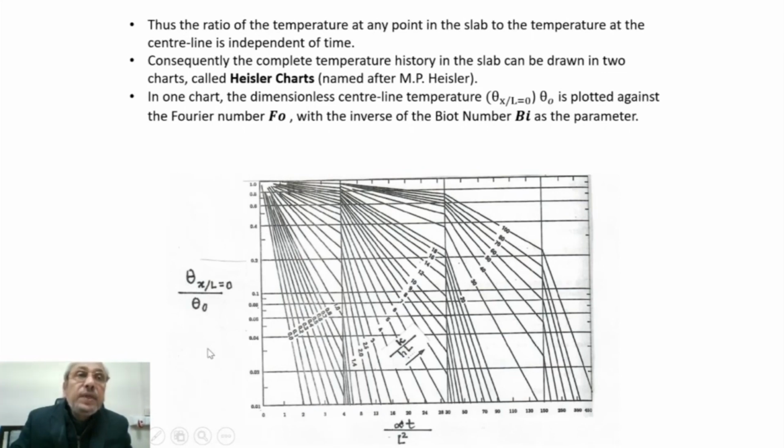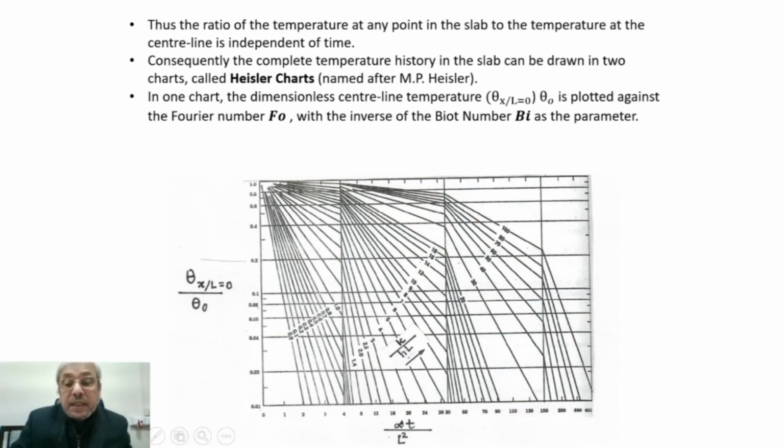T infinity is the local temperature. So T naught minus T infinity is theta naught. That means this is initial temperature, and this is temperature at the center line, and this evolves with time.